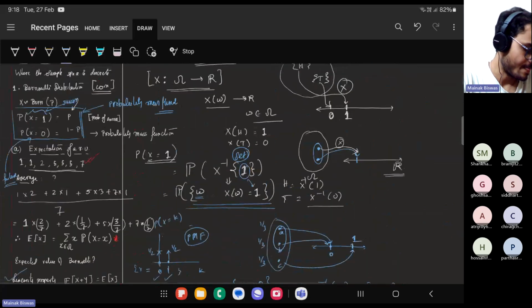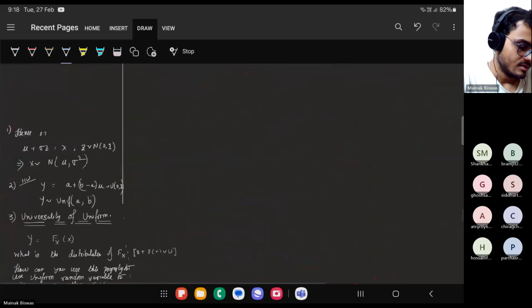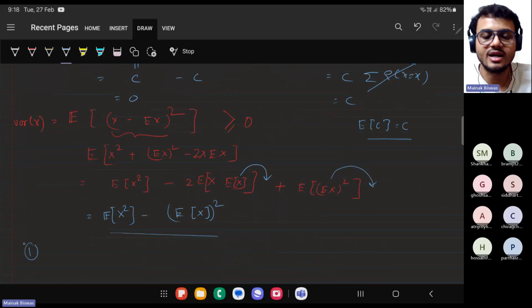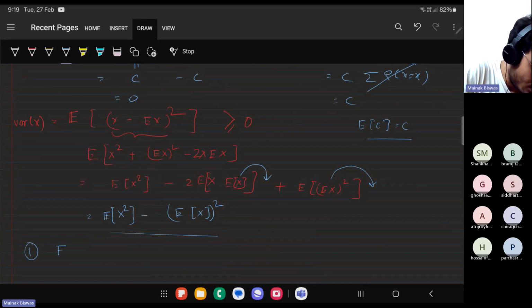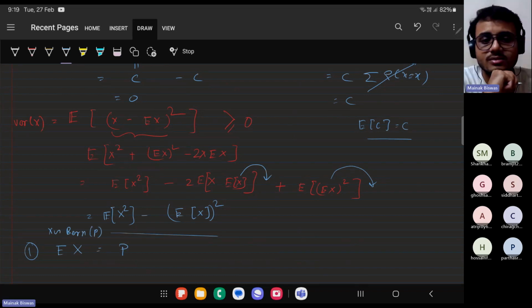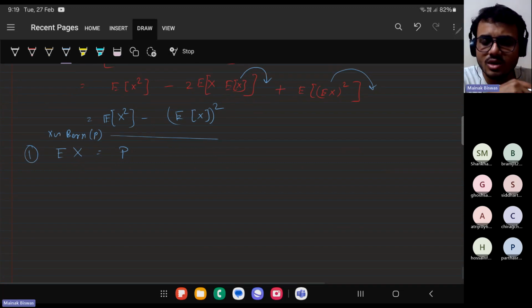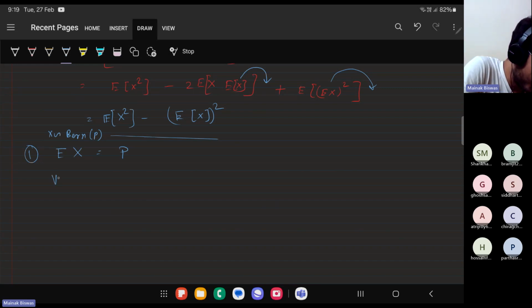So we have found one thing: for x distributed as Bernoulli P, what is the expected value? P, right? Already we calculated this. Now tell me what is the variance of x?